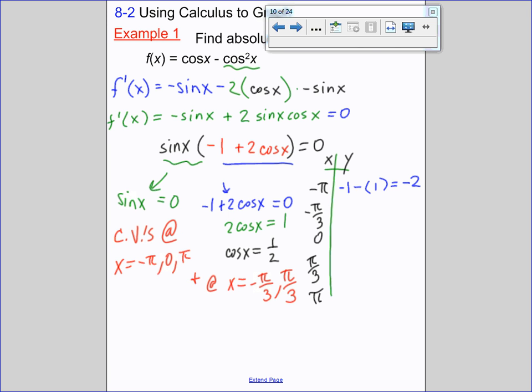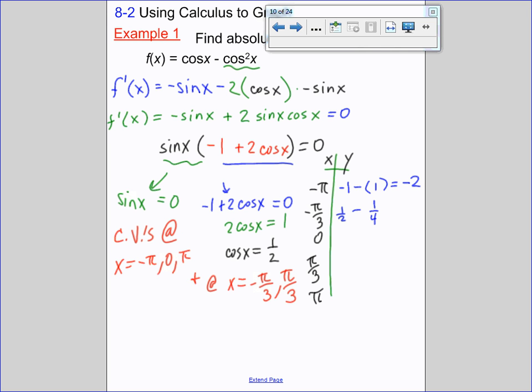Right? Let's try at x equals negative pi over 3. Let's see what f equals. We'll plug in negative pi over 3 for x. Cosine of negative pi over 3 is 1/2, minus cosine at negative pi over 3 is 1/2, squared is 1/4.